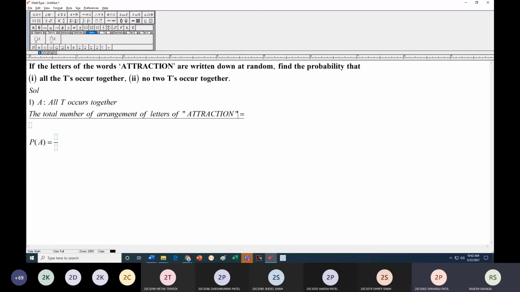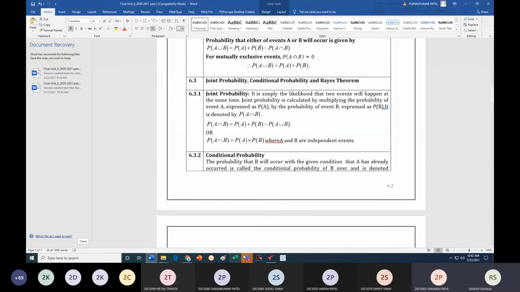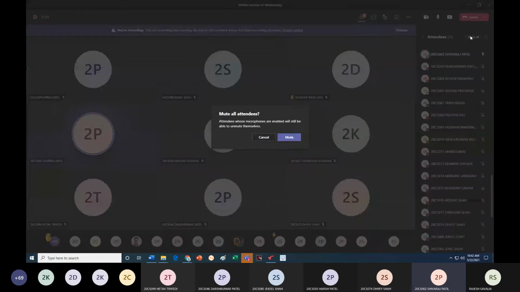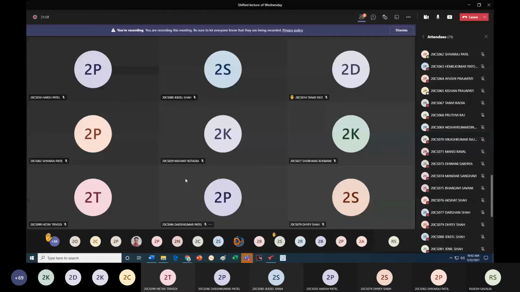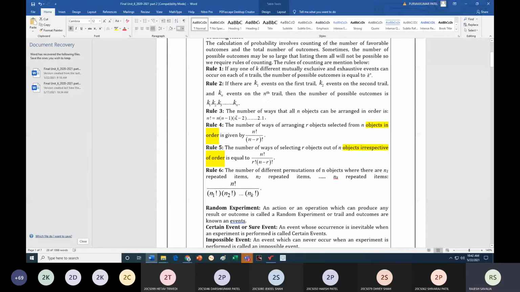First of all, ध्यान से देखिए कौन सा रूल करने वाला है. So look at the list of rules. Do you have any rule for changing the place of an element in attraction? कोई रूल आपके पास है?